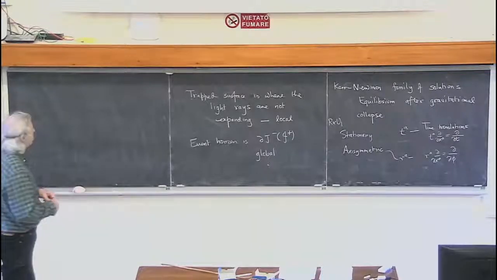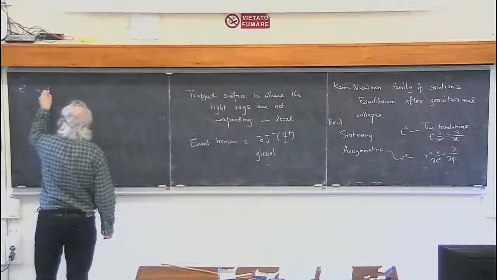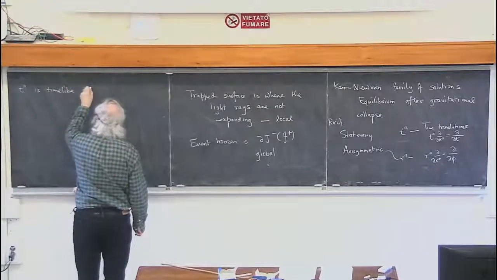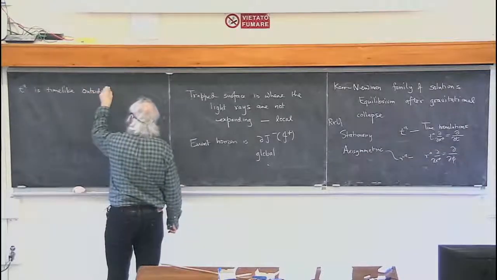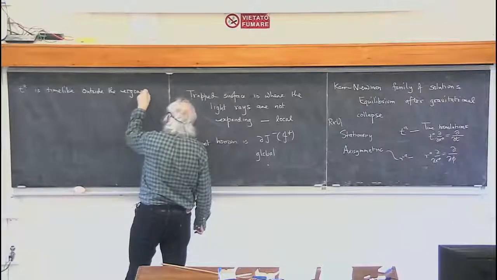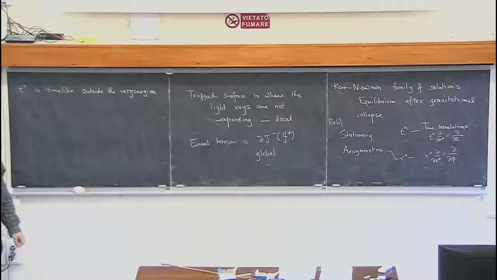T was defined to be time-like outside the ergo region. So the question is, what Killing vector, if any Killing vector, is going to be null on the horizon?